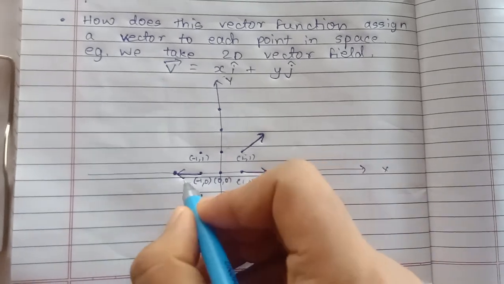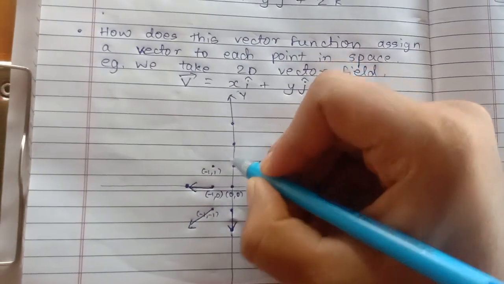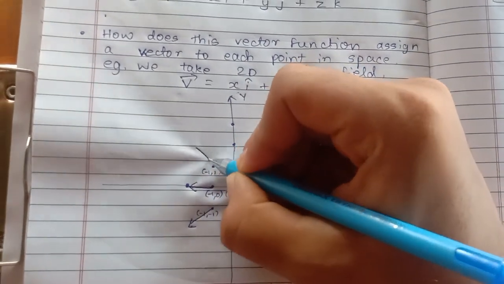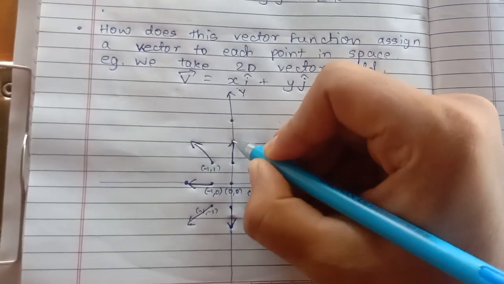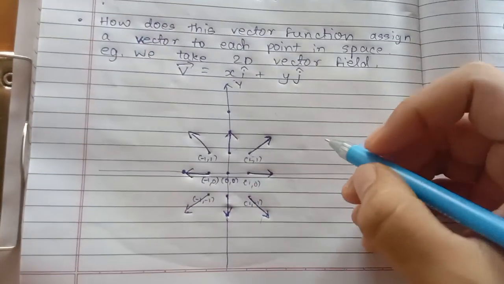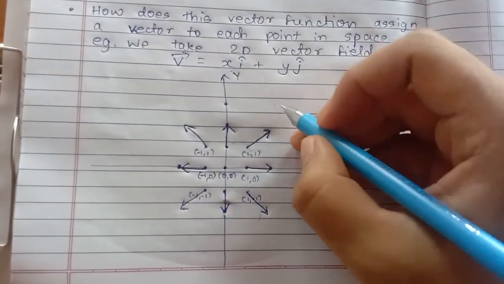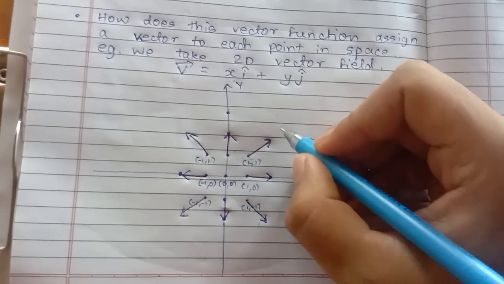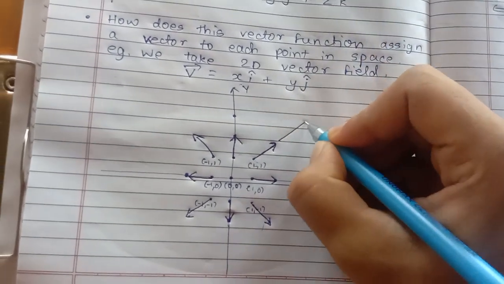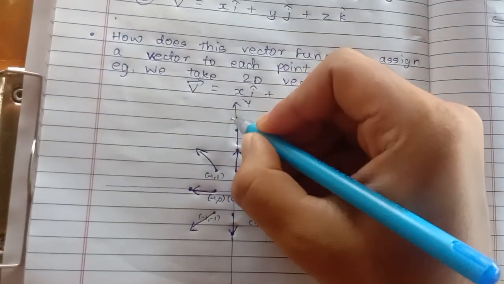So this vector will be like this. Here we will have a vector like this, and similarly here. So for all points we will have a vector assigned to that point, and it will generate a vector field which will look like this.